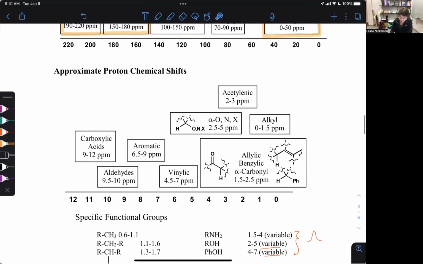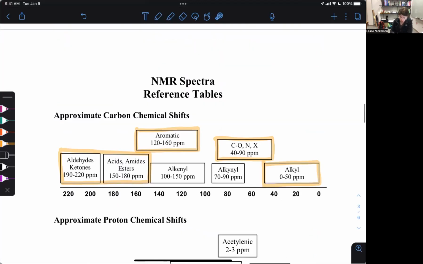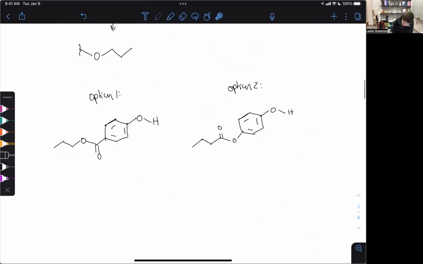Okay. So that's the kind of subtle things that we want to be able to pick up from chemical shift situations where we would expect this CH2 to be more upfield than 4. Okay.